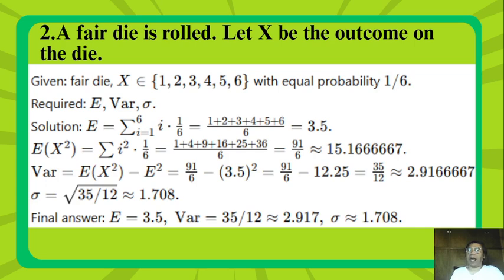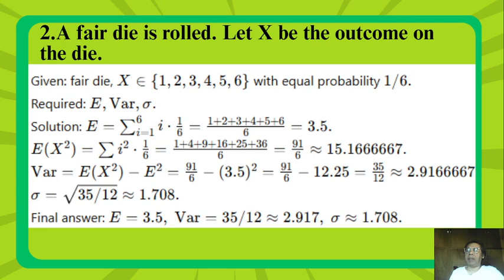And E of x squared is equal to the summation of i squared times 1 over 6. So we need to square all the results and then add them. So we have 1 plus 4 plus 9 plus 16 plus 25 plus 36 all over 6.